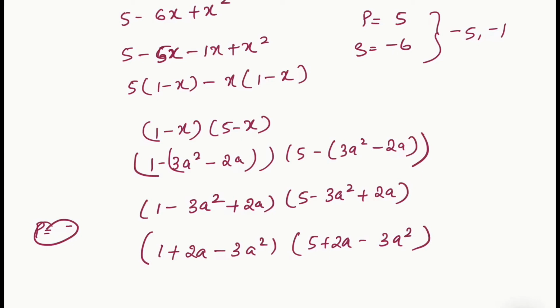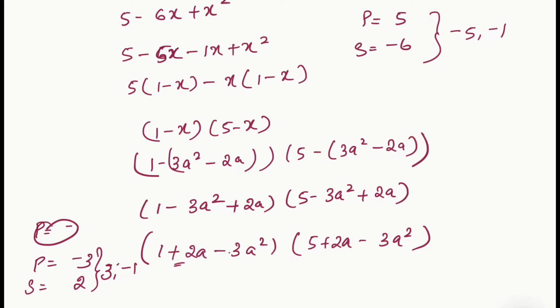So the first case, this one let me do first. First case I get product is equal to 1 into minus 3, that is minus 3, and sum is equal to 2. So what are the numbers such that product is minus 3 and sum is plus 2? So can I take it as plus 3 and minus 1?